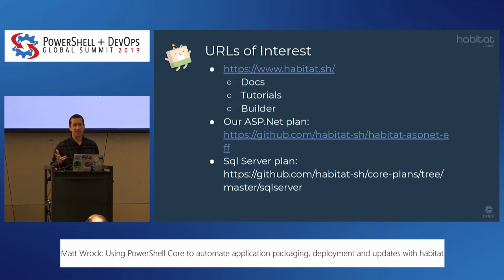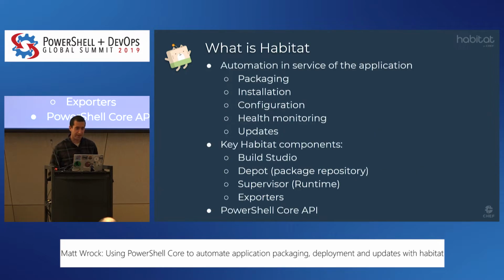I'll be posting these on the Slack, so you can check this out later. I'll do that sometime today. And then we're not going to be looking at this. We're going to be using the SQL Server Habitat package. In case you're interested in how that was packaged up and the Habitat hooks that were involved there, you're welcome to look at that. It's all open source, and this is the URL for that.